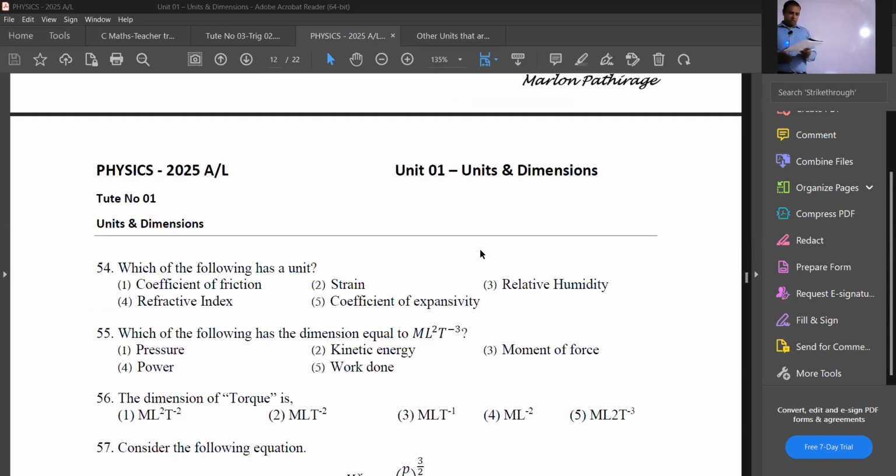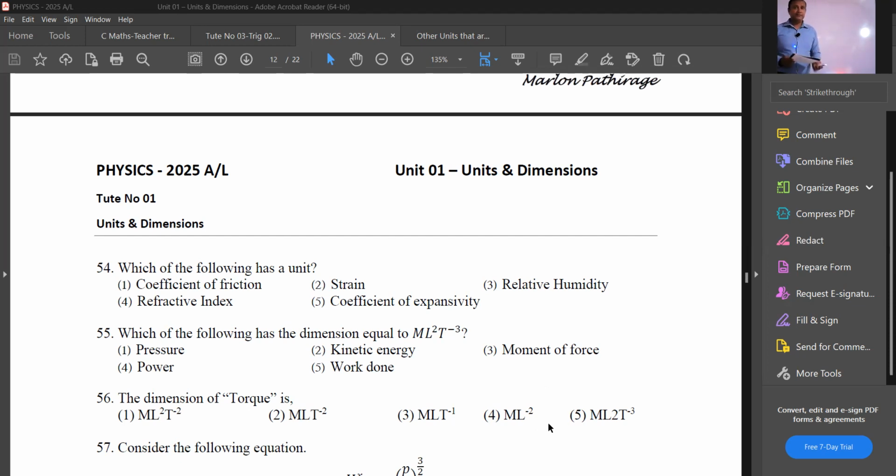Then 54. Which of the following has a unit? What are your answers? Please give me. Answer number 5.